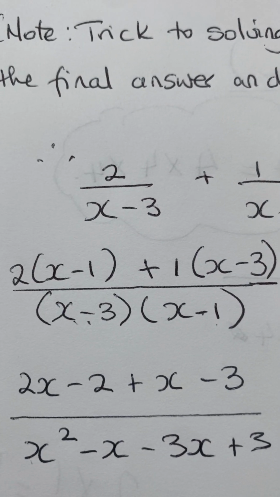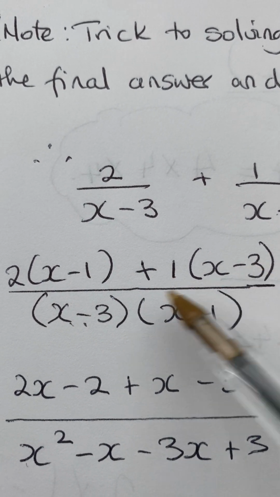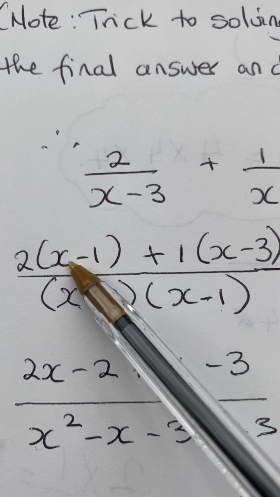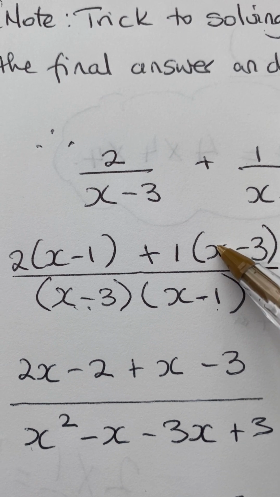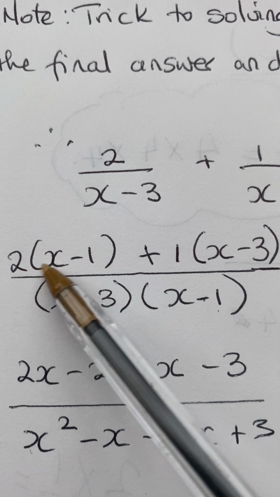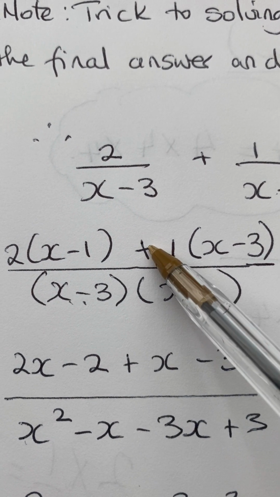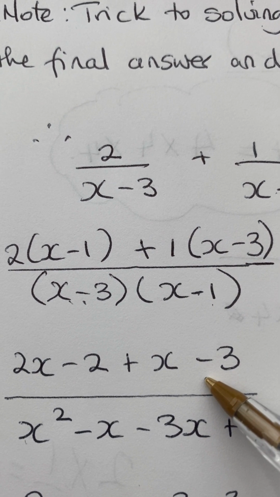Now I'm going to simplify the top. So 2 will multiply everything in the bracket. 1 will multiply everything in the bracket. So you have 2x minus 2 plus x minus 3.